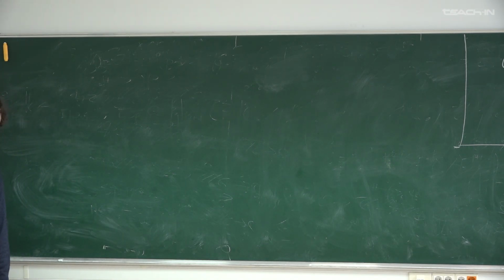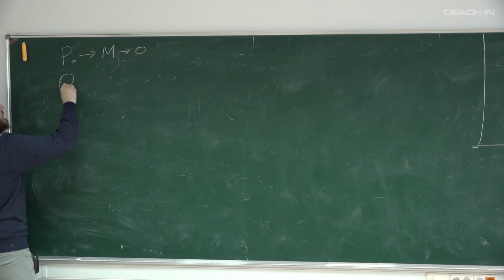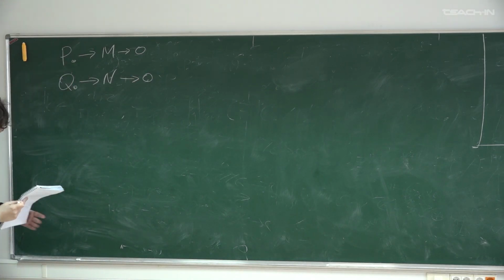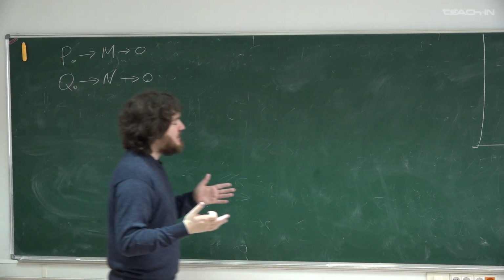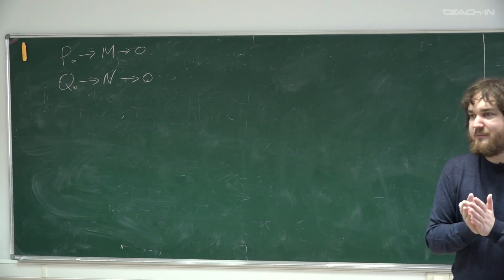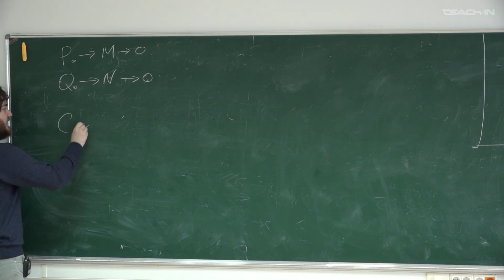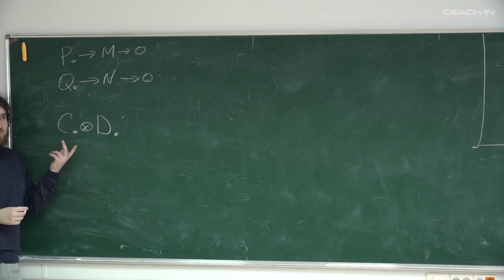One of them is a left module and one of them is a right module, and I have projective resolutions of one module and of the other module. Recall that if I have two chain complexes, I can consider their tensor product, and in fact it's the total complex of some bicomplex.